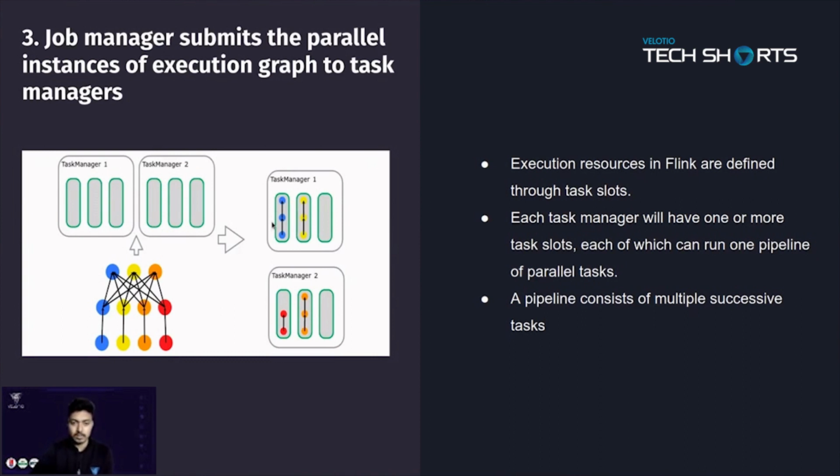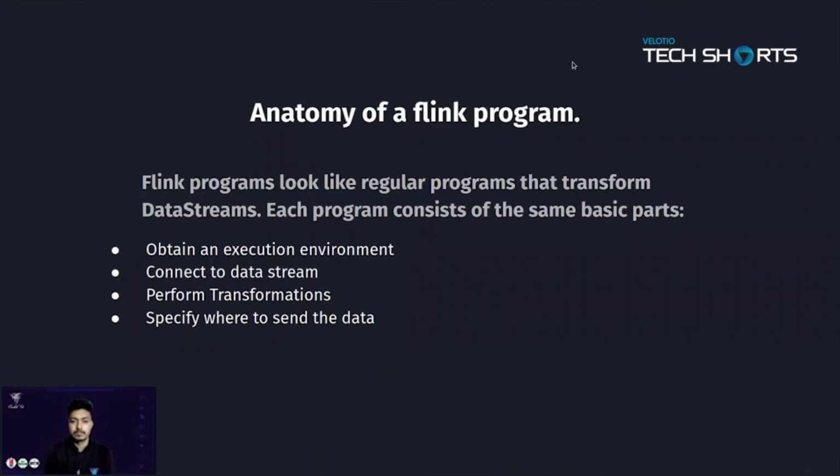A task slot is a basic execution unit within the task manager. It can be a core of a processor, or it can be 1 thread running on 1 core of a processor. Once the job has been executed, the task manager sends a signal to the job manager saying that the job has been completed. And this is how the execution of a job takes place on the Flink cluster.